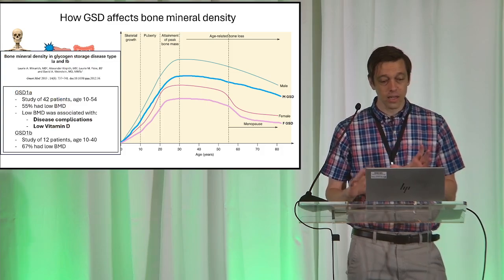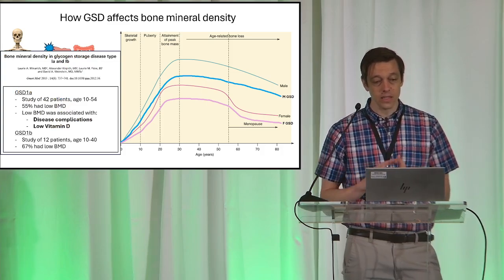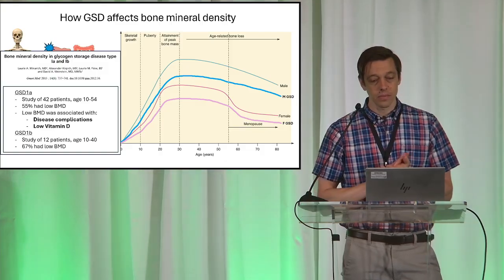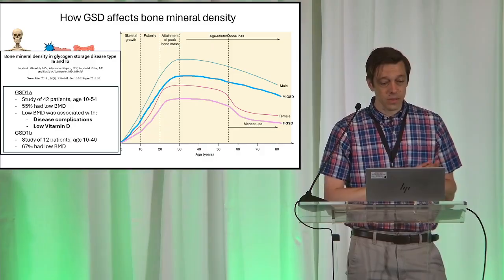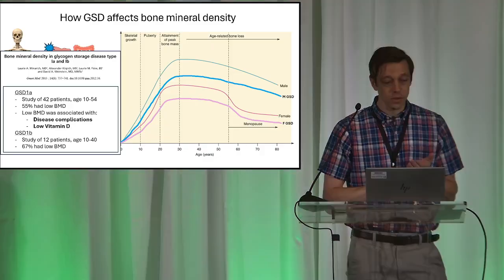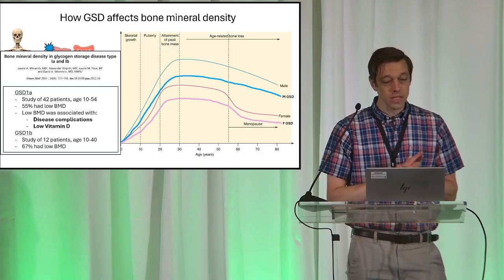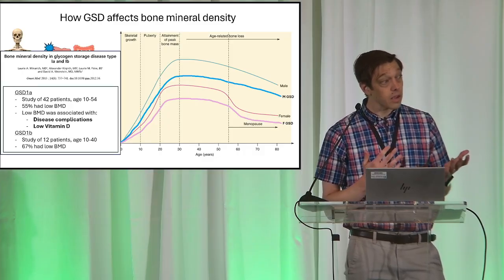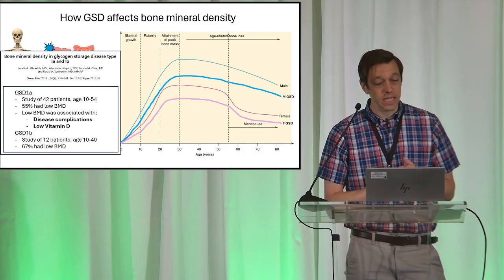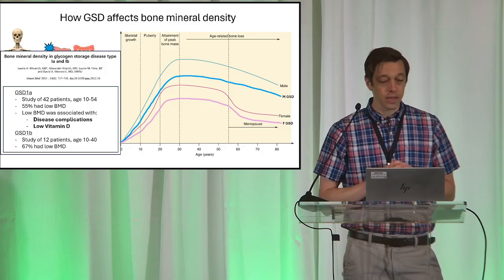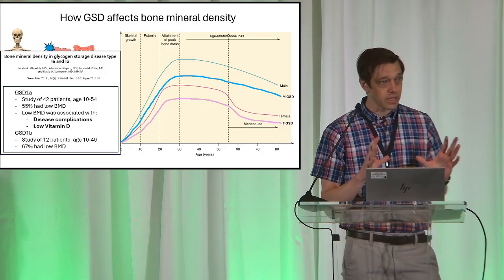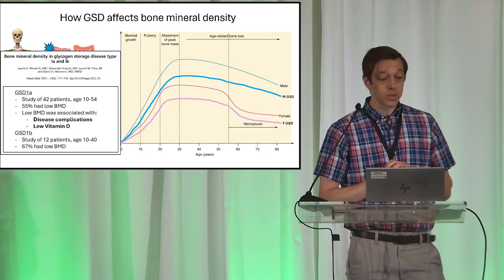I'll highlight a couple of the larger studies that have reviewed this. The first is from Dr. Weinstein's group from 2013, and that team looked at bone mineral density in GSD type 1A and 1B, breaking it down into those two subtypes.